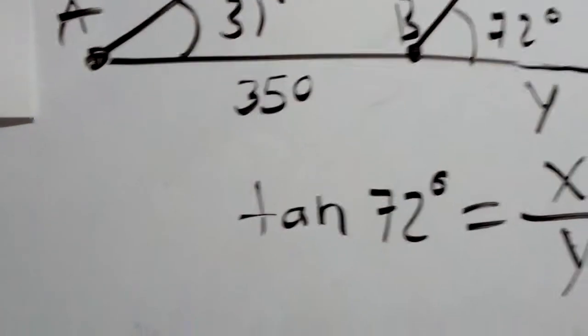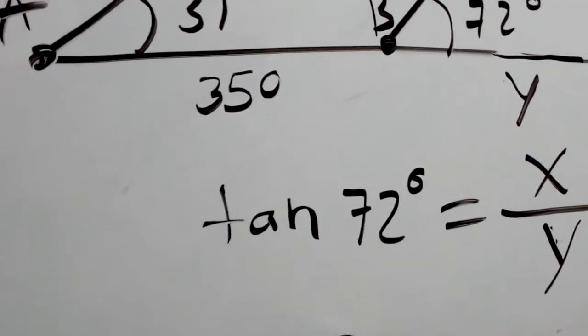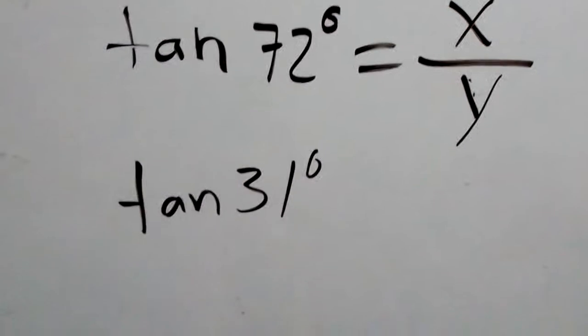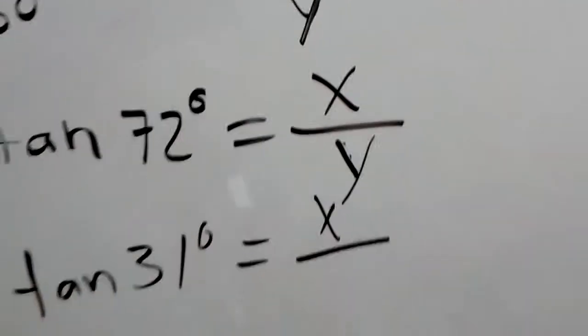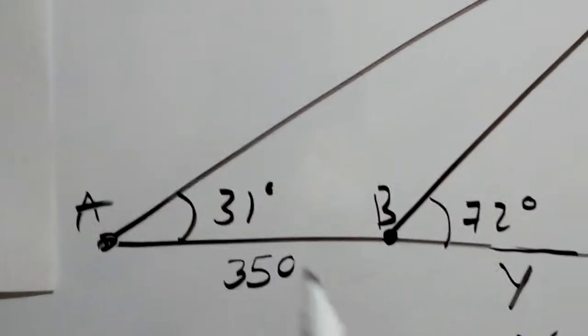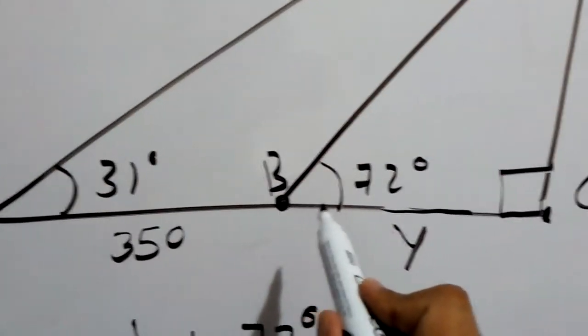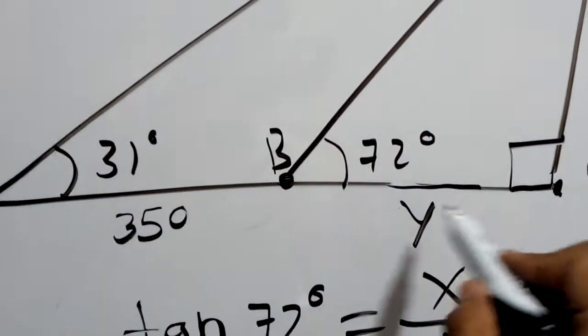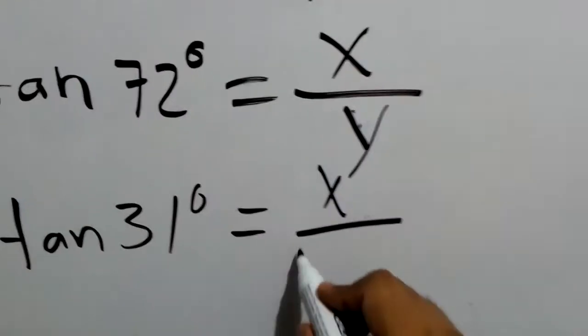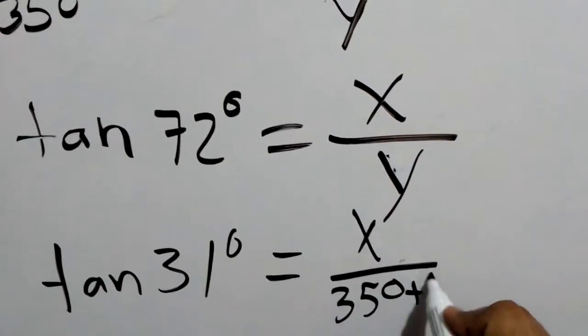So the tangent of 31 degrees is equal to the opposite leg, x, over the adjacent. The adjacent is all this, so basically it's 350 with y. So it's 350 plus y.